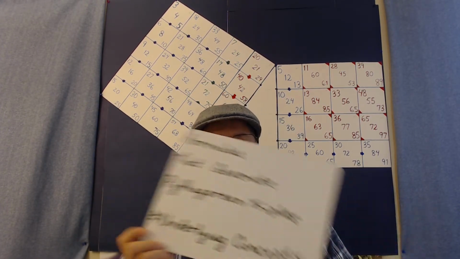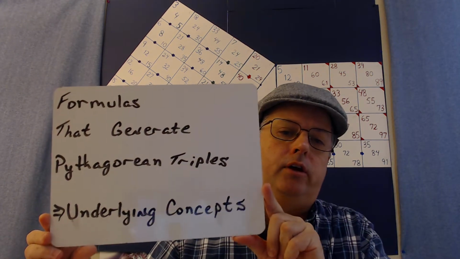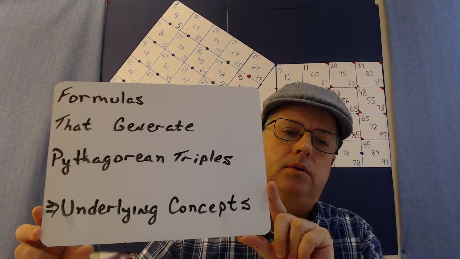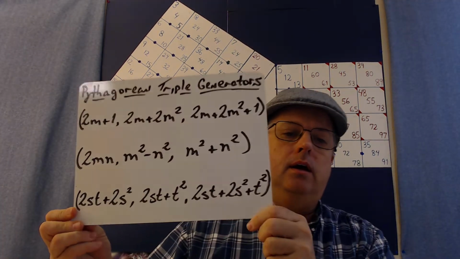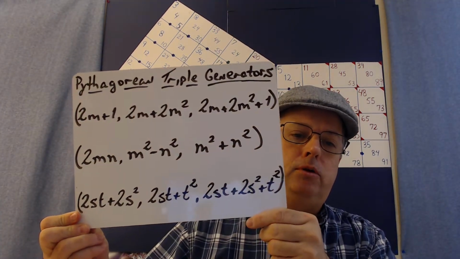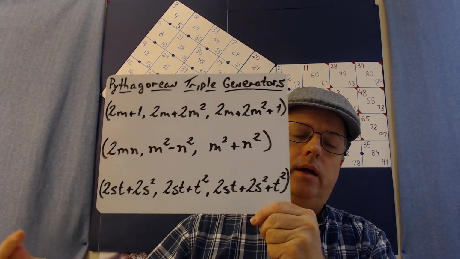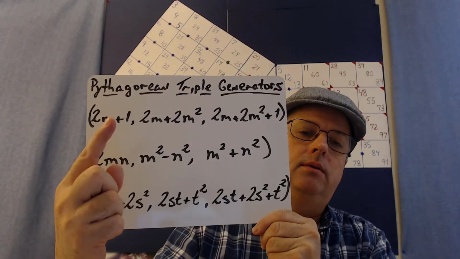And so, in this series of videos, we have been talking about formulas that generate Pythagorean triples and the underlying concepts involved. These are the three Pythagorean triple generators that we had previously discussed.